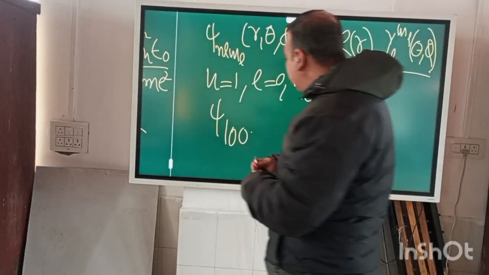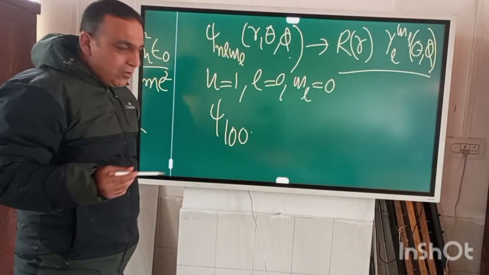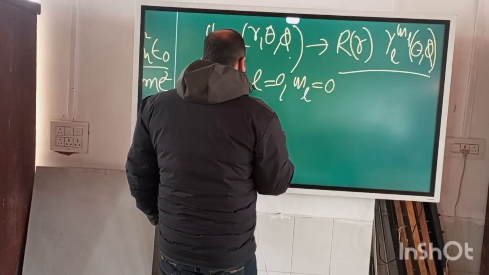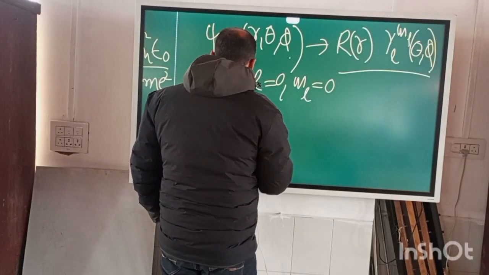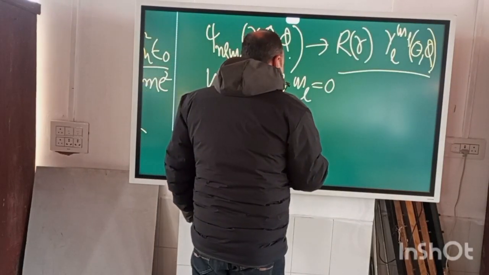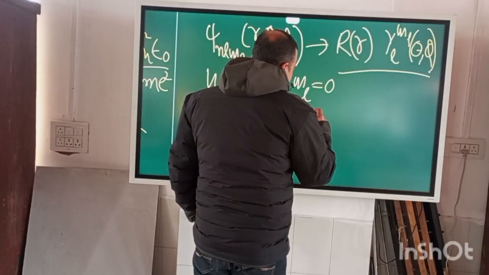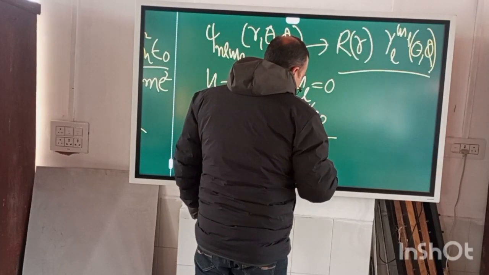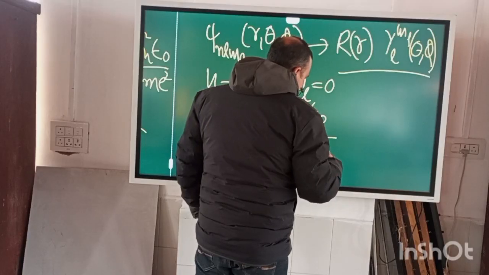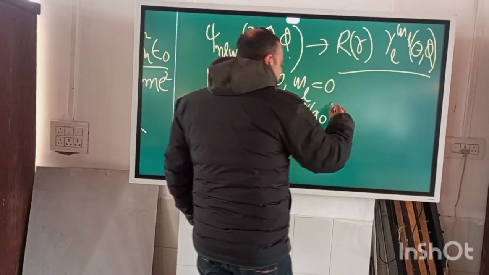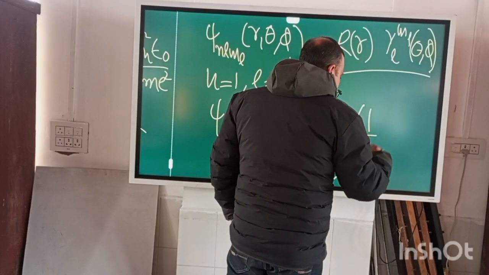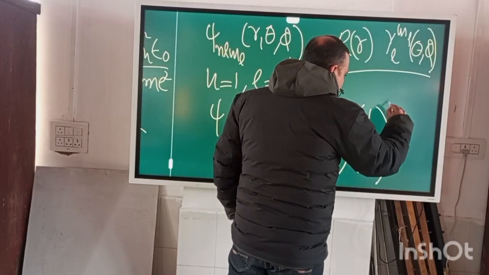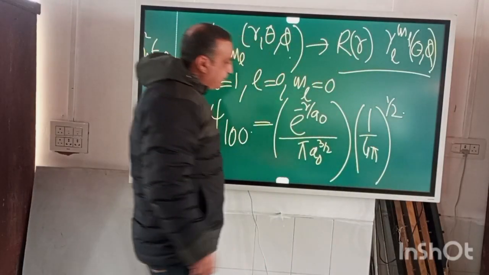And this psi 1 0 0, when you calculate it, it comes out to be e to the power of minus r by a naught, by pi a naught cubed, to the power 1 by 2, times 1 by 4 pi raised to the power 1 by 2.